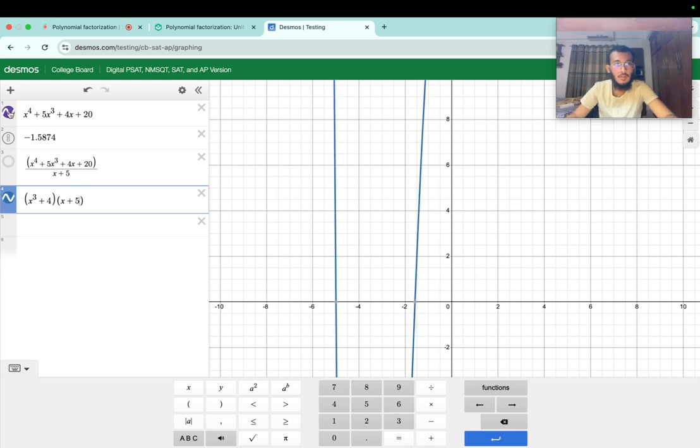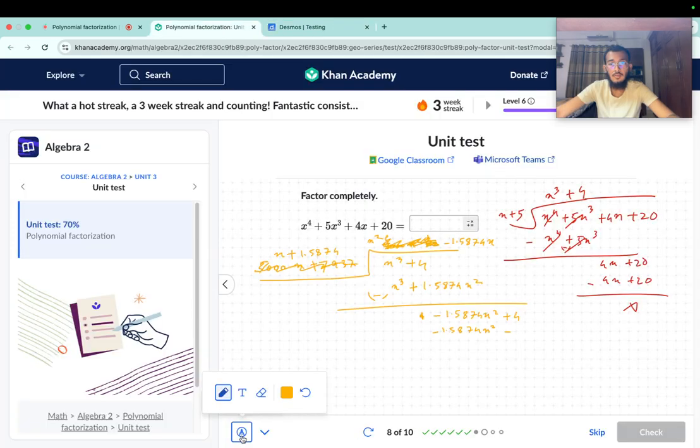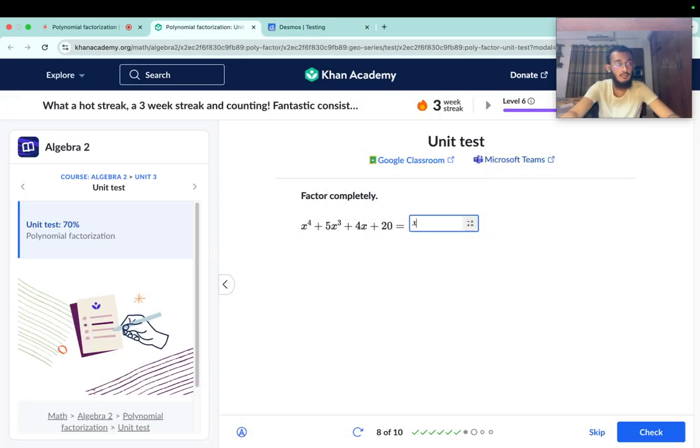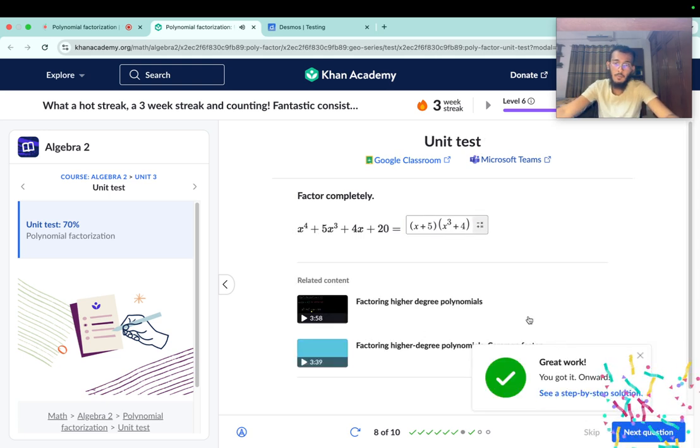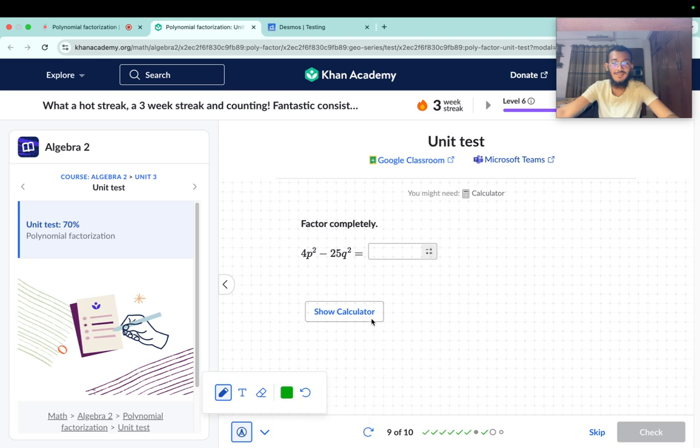Should be the same thing as this. It is indeed. So x plus 5 times x cubed plus 4. There we go. I needed not do all of that.